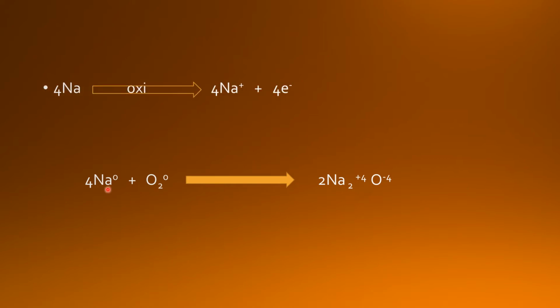As there are 4 sodium atoms, these 4 sodium atoms will lose 4 electrons. As one sodium atom loses 1 electron, there are the 4 sodium atoms. These 4 sodium atoms will lose the 4 electrons and 4 sodium ions will be formed. As the electrons are lost by this sodium, we will say that the process of oxidation is taking place here.